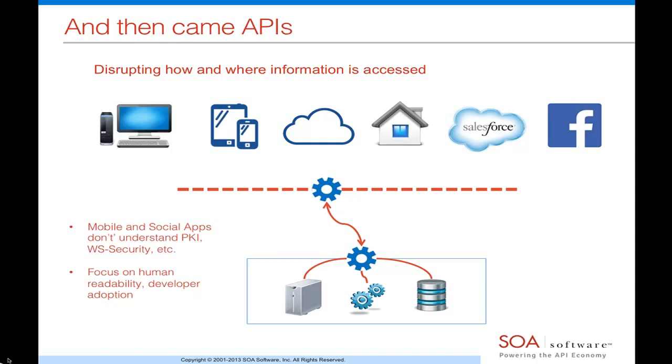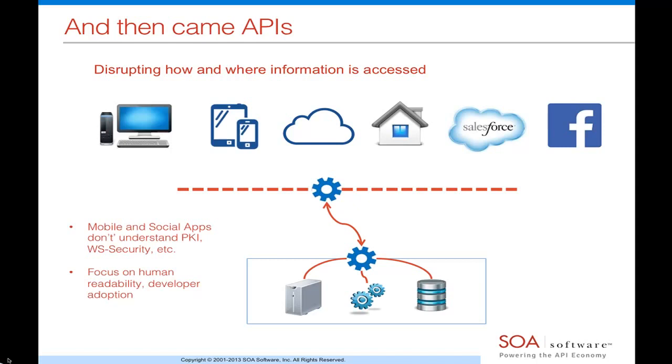So they need to rely on a community of developers, so make the API really easy. And also the mobile devices and social apps really don't understand some of the PKI and WS-Security aspects that had become a trend with SOAP and web services.